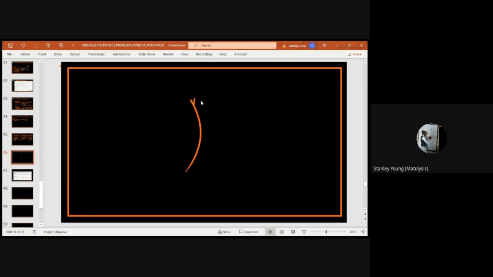If this is a converging mirror, and we have this to be the principal axis, with this being the principal focus, and this being the center of curvature, there are several positions an object can be in. Before the center of curvature, that is, behind the center of curvature.